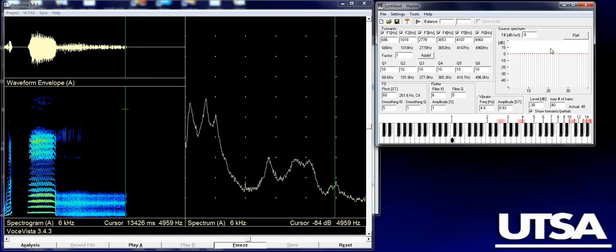Let's try 6. Okay, we're getting pretty close. So that's at -5. That's a pretty shallow slope to the spectrum.